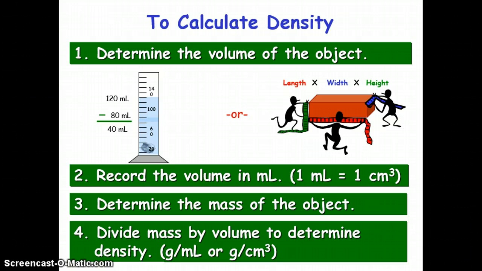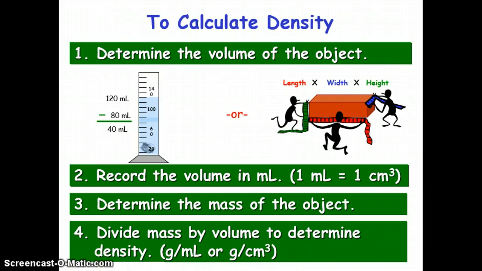Next, determine the mass of the object. Sometimes, in an example problem, this is given to you. If you actually need to find the mass of the object, do you know what tool you would use? You're right if you said a triple beam balance. Finally, divide the mass by the volume to determine density.